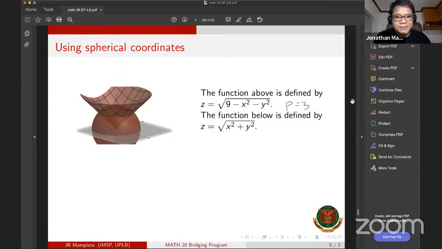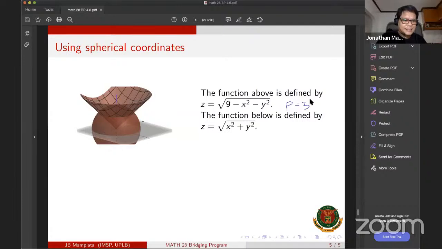Rho equals 0? No. Try again. That is actually very important, especially if we convert later into spherical coordinate system to determine the bounds. So, kailangan din natin talaga yung equation ng cone na yan.